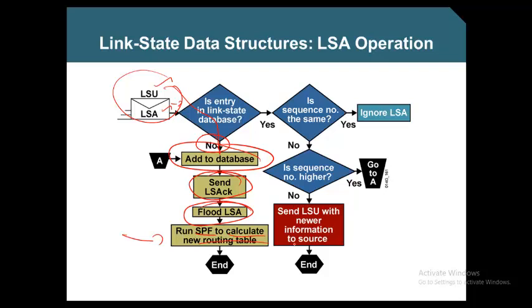I want to repeat again, listen. When an advertisement comes with a sequence number, let's say the sequence number is 5, you already have some entry and the sequence number is the same. If it is the same, ignore.